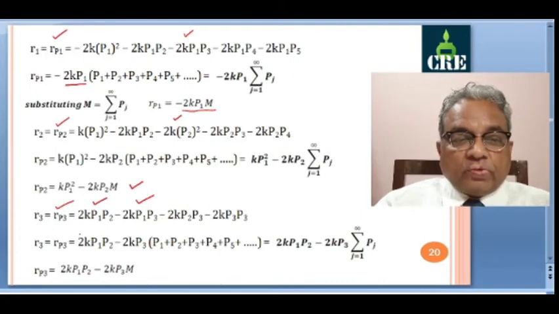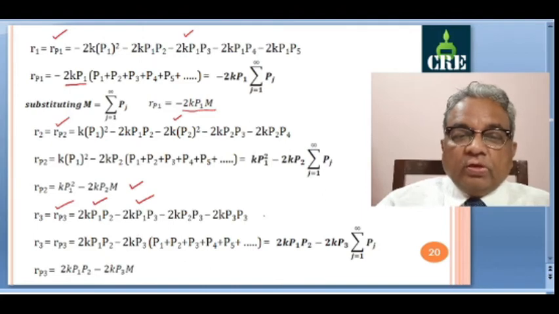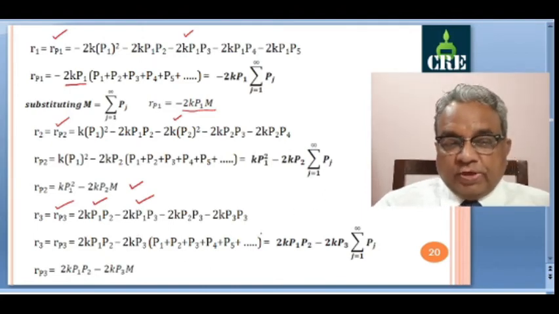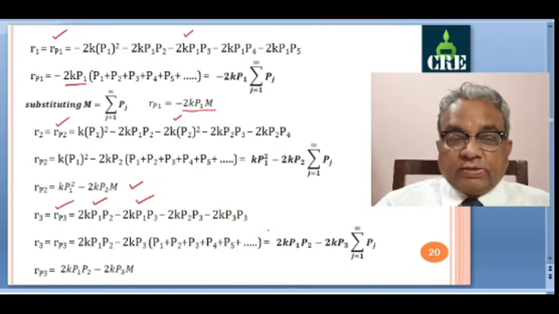So this can be written as first term we will retain as 2k P1 P2. Here 2k P3 is common. Then we have P1, P2, P3, and in other terms P4, P5 will also appear if you write all the steps.